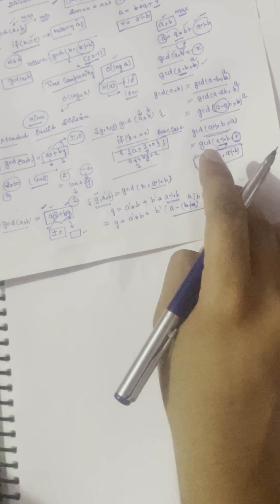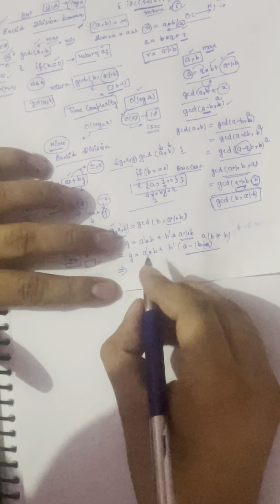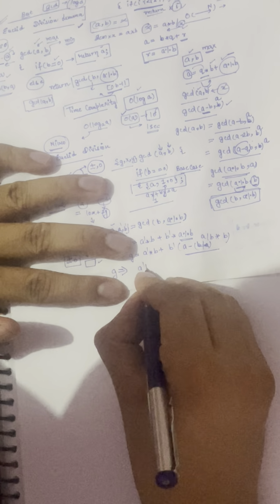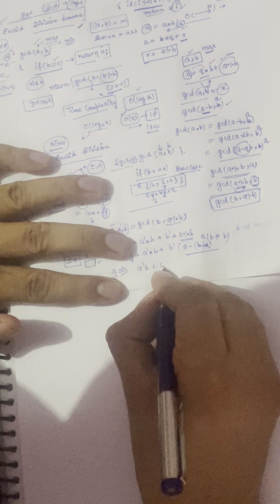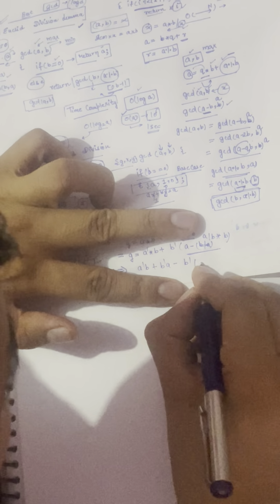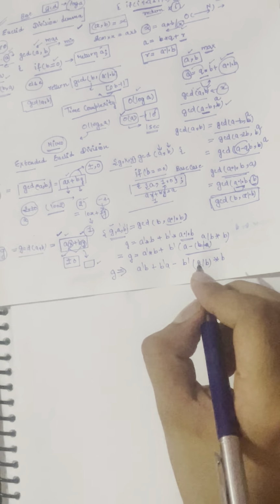And now let's say we write g as a dash b plus b dash a minus b dash a by b into b.